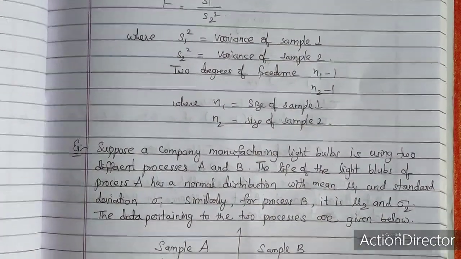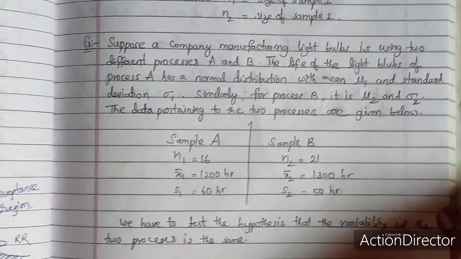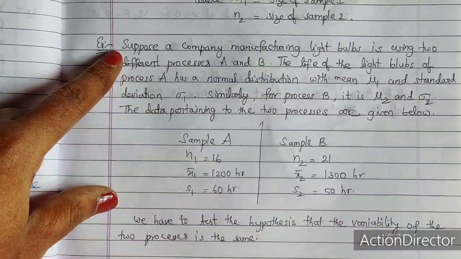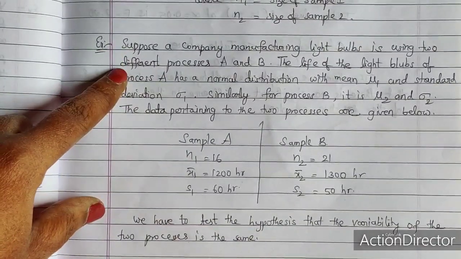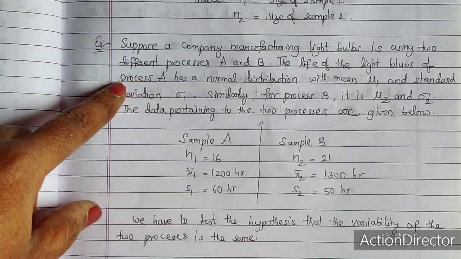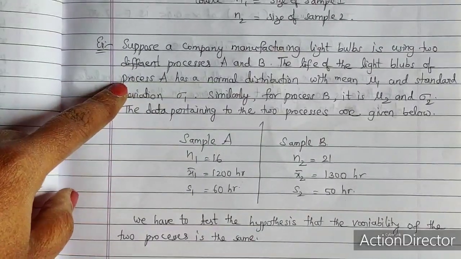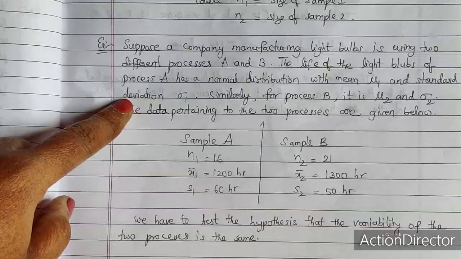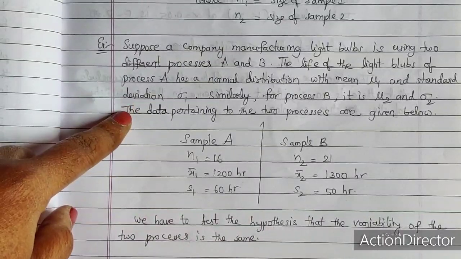We will do an example. Suppose a company manufacturing light bulbs is using two different processes, A and B. The life of the light bulbs of process A has a normal distribution with mean mu1 and standard deviation sigma 1. Similarly for process B, it is mu2 and sigma 2.